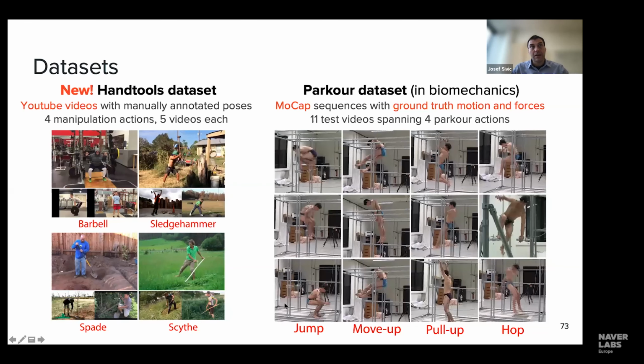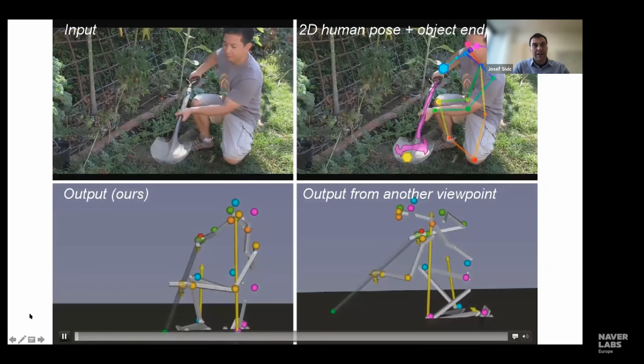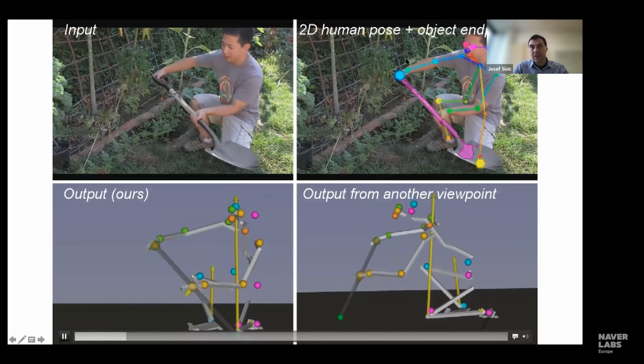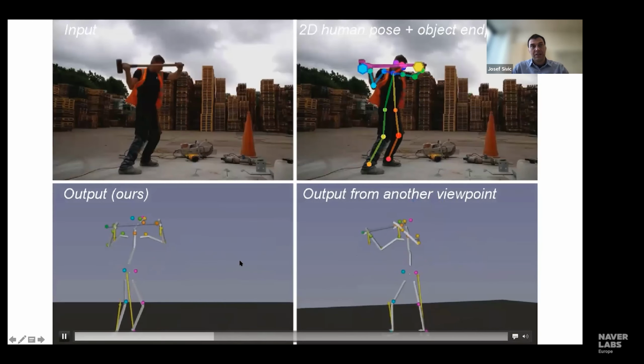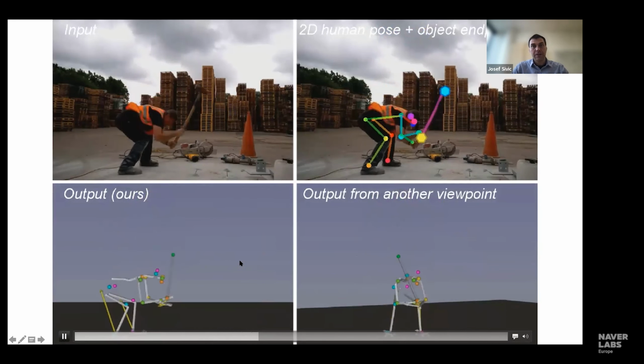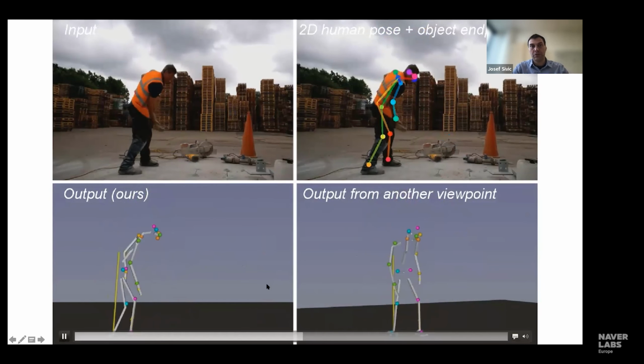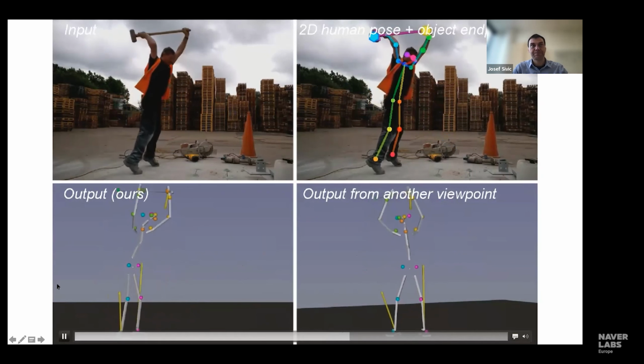We have tested on two data sets here. The first one is more to validate, a data set where we have ground truth motion and forces from motion and force sensors. But what's really exciting is the other part, where we have the data set of these instructional videos, where we can extract, as shown here, this is the input video, these are the 2D measurements, and these are the estimated 3D motion with estimated forces from two different viewpoints for several different actions.